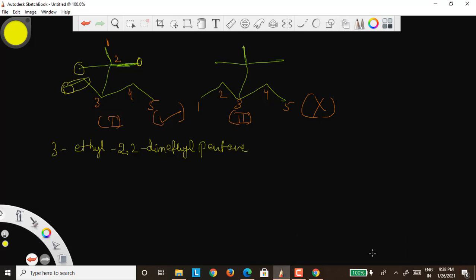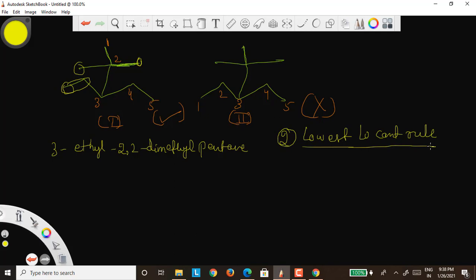So next is the second, lowest locant rule. Number 2 is the lowest locant rule. So in the lowest locant rule, you have to add the position of the substituents, and the sum should be least in number.